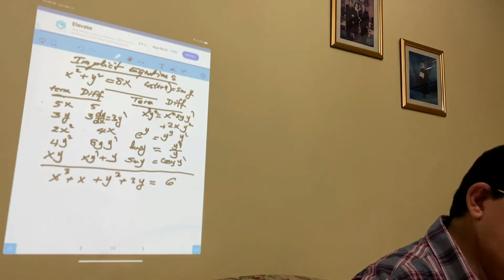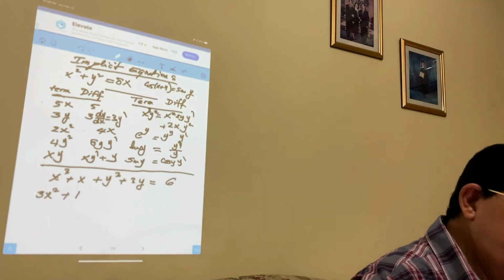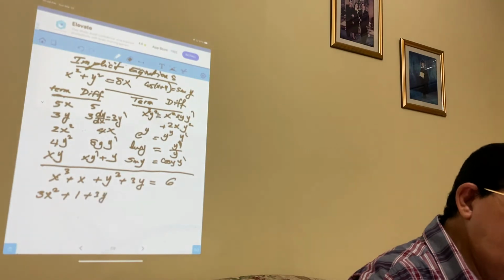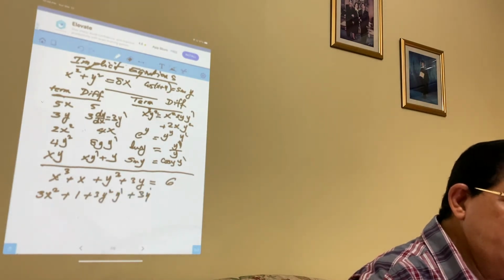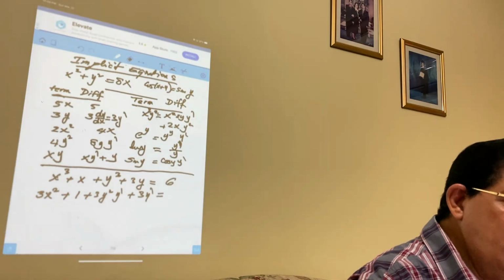We differentiate each term. x cubed gives 3x squared plus 1 plus 3y squared y dash plus 3y dash equals the differentiation of a constant, which is 0.